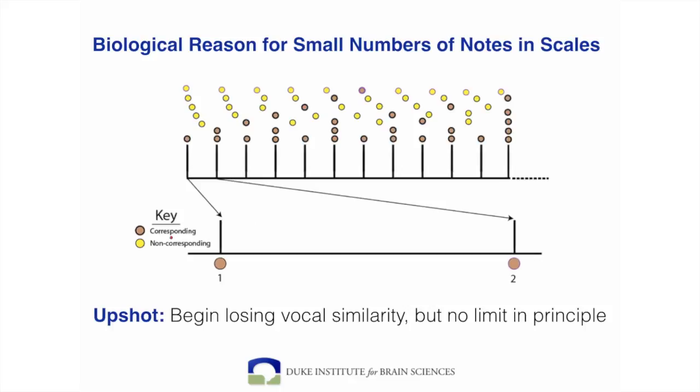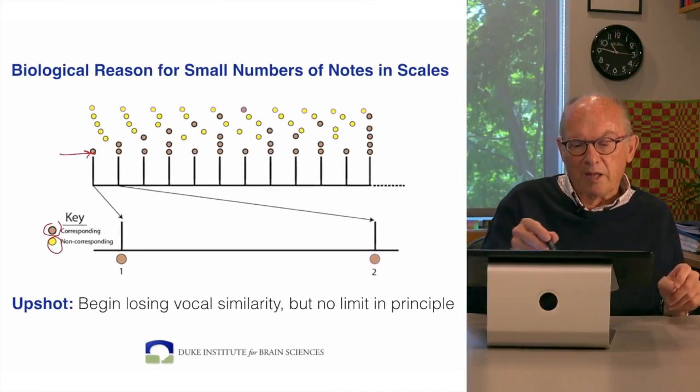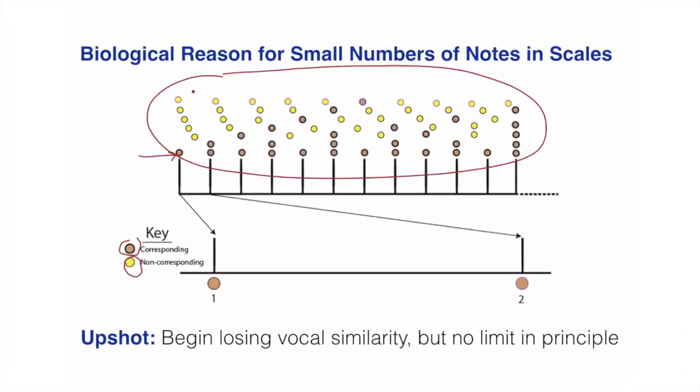Here the brown symbols are indicating note combinations where there is overlap with the tonic harmonics. And the yellow symbols indicate the harmonics of the notes that don't correspond to any of the harmonics of the tonic. And you can see that as you generate more intervals in a scale, necessarily you introduce more and more harmonics, the yellow symbols, that don't correspond with any of the harmonics in the tonic.